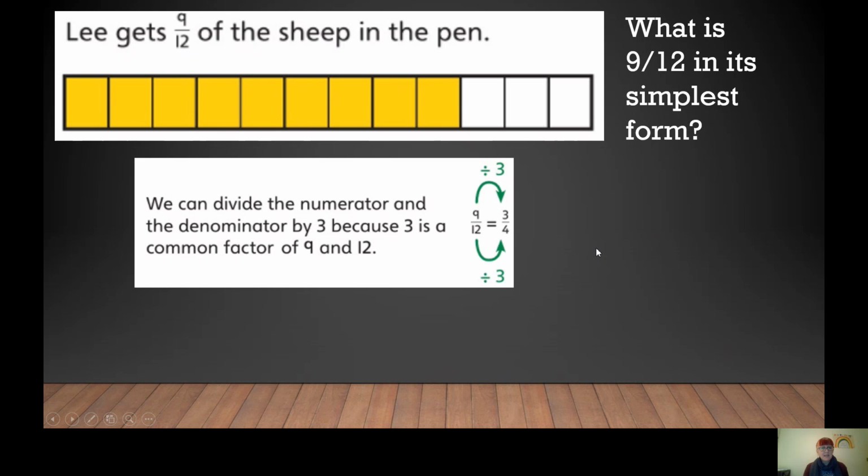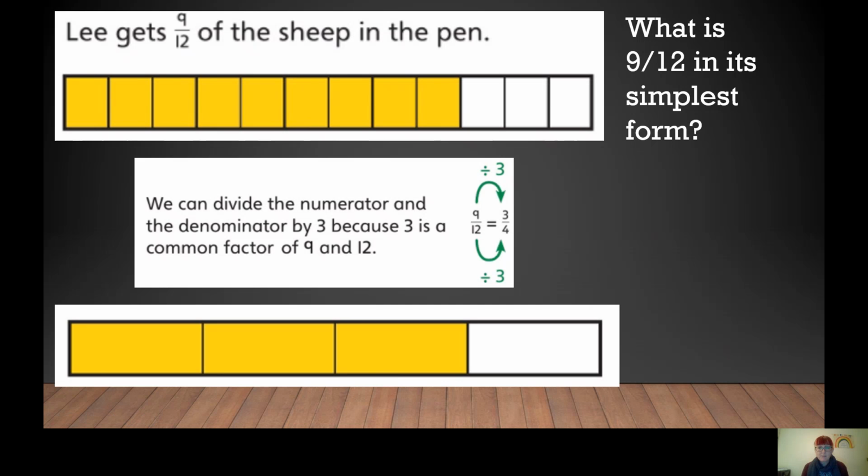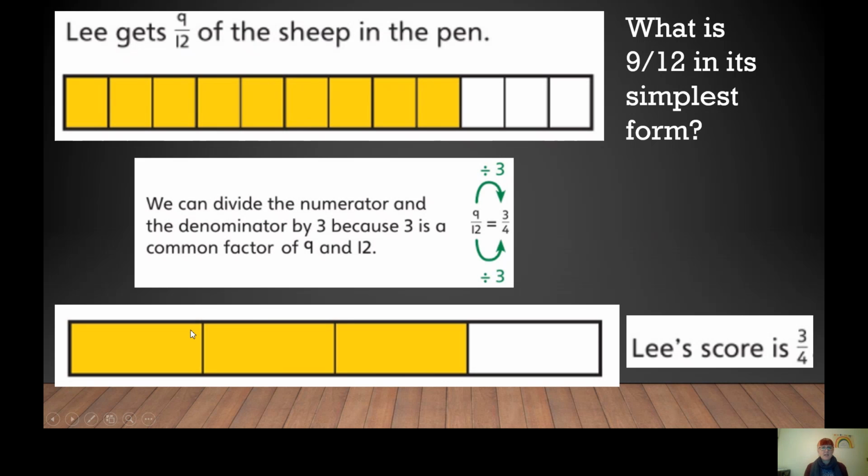So it looks to me that the common factor of 3 has given 9 12ths its simplest form as 3 out of 4 or 3/4. Here, the equivalent. So 9 12ths is equivalent to 3/4 when we find a common factor of 3 to reduce 9 12ths to its simplest form.